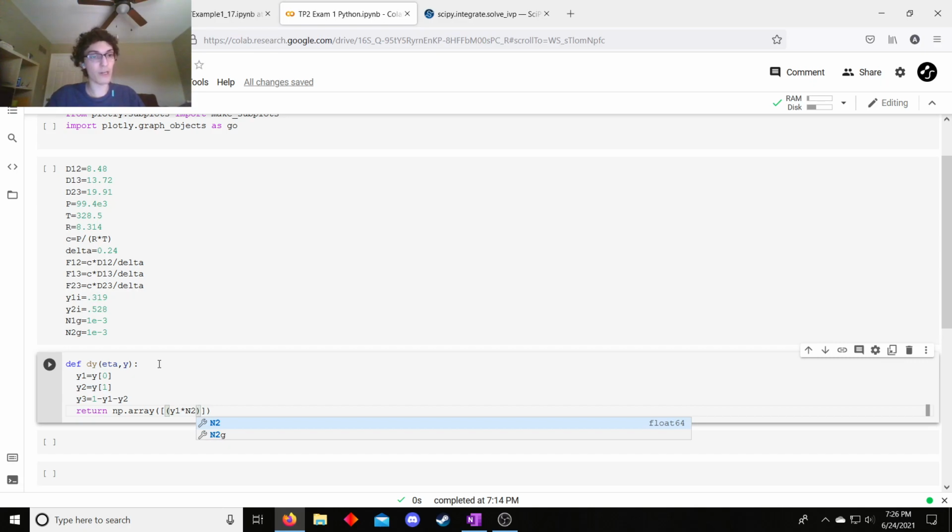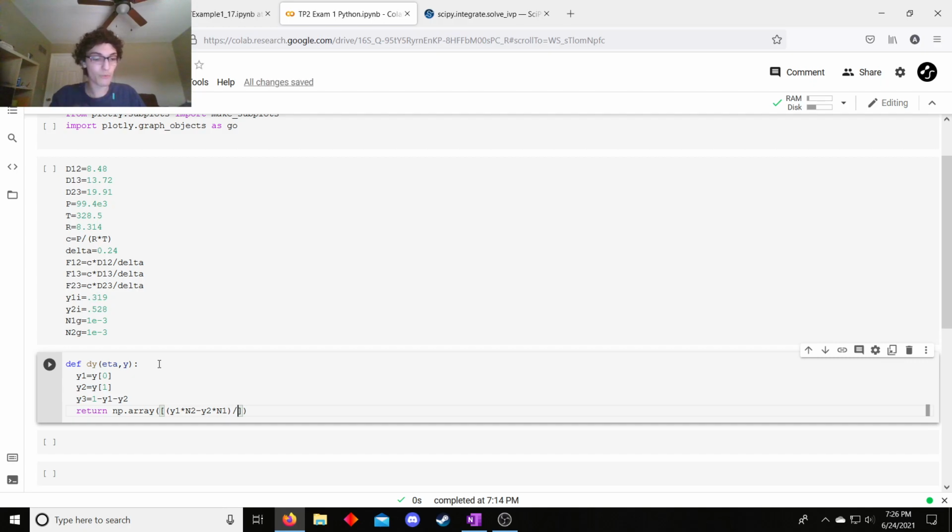There's going to be two values in the array. The first one is the first Stefan-Maxwell equation. The second one is the second Stefan-Maxwell equation. And you want to be careful when you're typing this in because you can get some errors here.